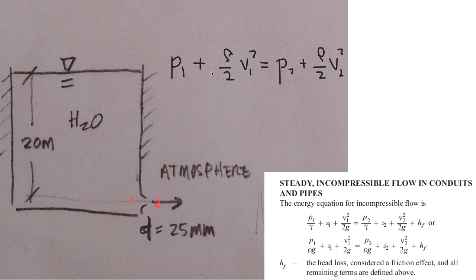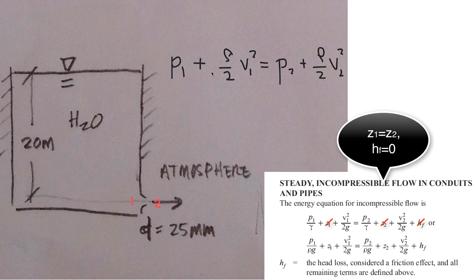And this is the Bernoulli relationship. It doesn't have a gravitational term, because this is just a horizontal transfer of fluid here to out here. There's no change in gravitational potential energy.